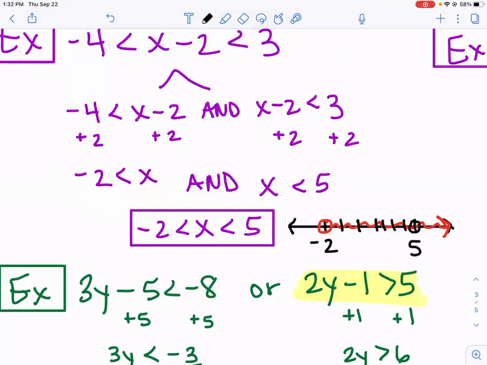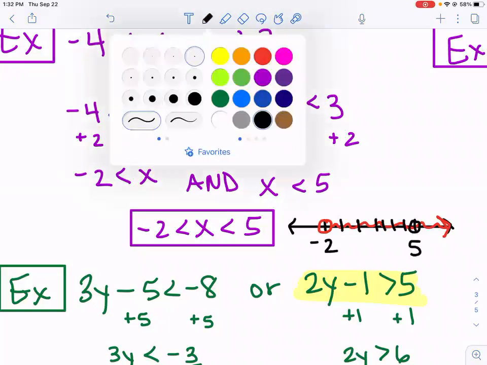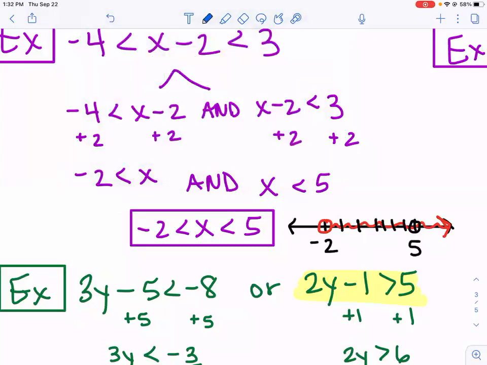X is less than, no, just less than 5. If I'm talking about and, I want one and another. Both of them have to be happening. Where do both of these happen at? In the middle, okay?